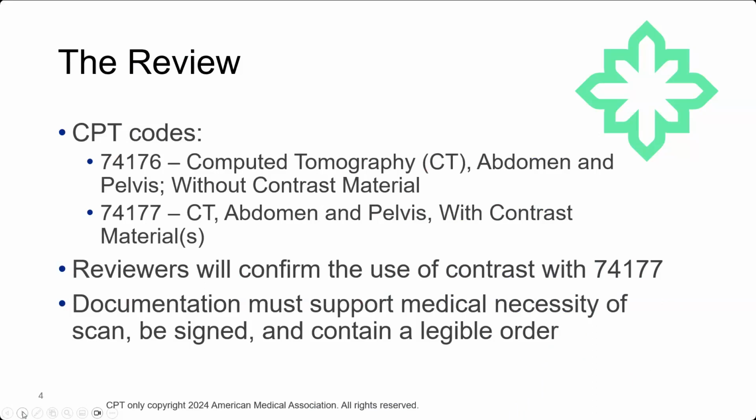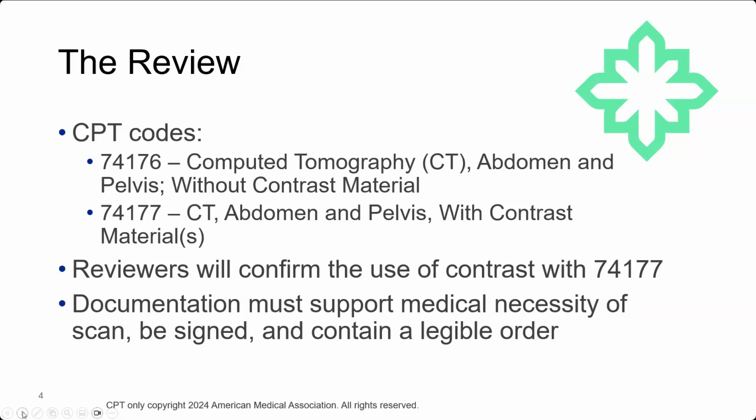Reviews are conducted on the 74177, which are going to focus not only on supporting that CT of the abdomen and pelvis, but also supporting the use of contrast media in that scan.